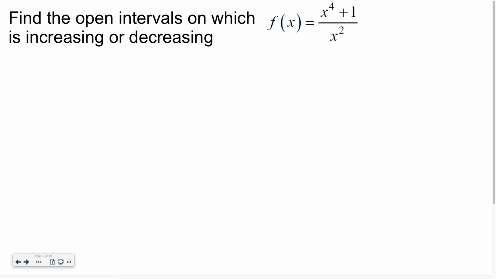Okay, so I know some of you are very tempted to make this a product rule. Let me just give you this warning. You are going to have to determine where your derivative is undefined. And if you have one fraction, that's very easy to do. So if you did the product rule, you would have to find common denominators to combine to get one fraction. Okay, warning. So our derivative, let's just kind of remember what we do here.